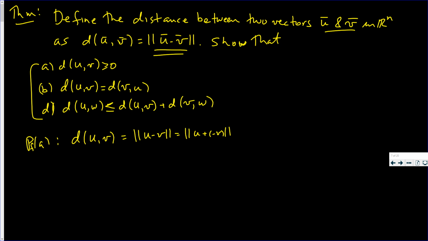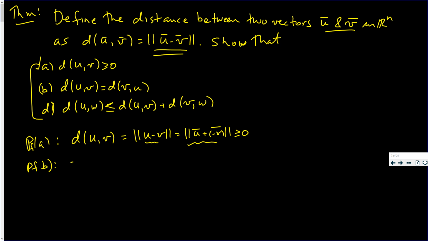The thing is, when you add two vectors, you get a vector. We didn't talk about what happens when you subtract two vectors, that's why I'm doing this. The length of a vector is at least 0. Part A has been established.